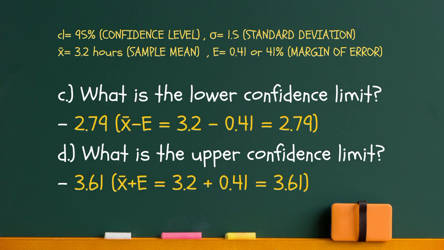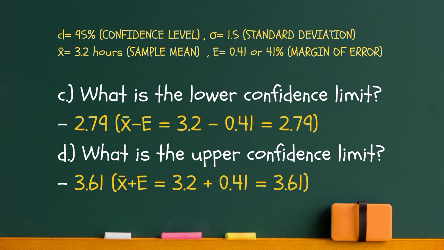C. What is the lower confidence limit? The answer is 2.79. To get the lower confidence limit, we just subtract the margin of error from the sample mean. So, the sample mean 3.2 minus the margin of error of 0.41 will result in 2.79, and that is the lower confidence limit.